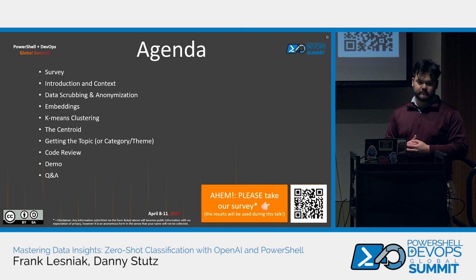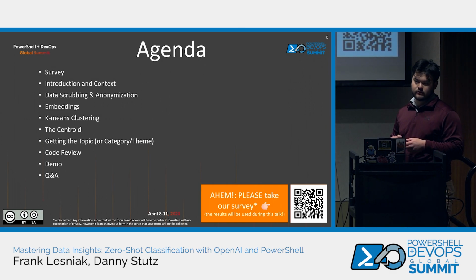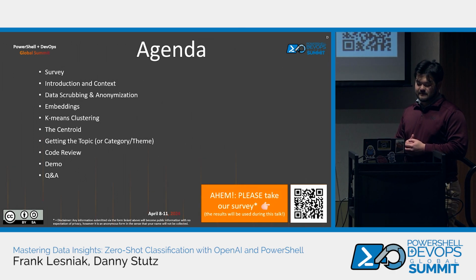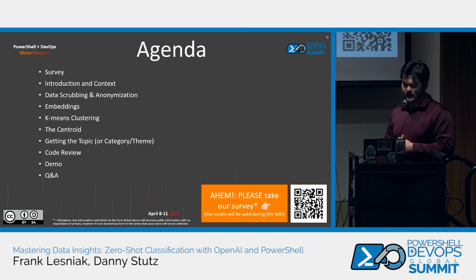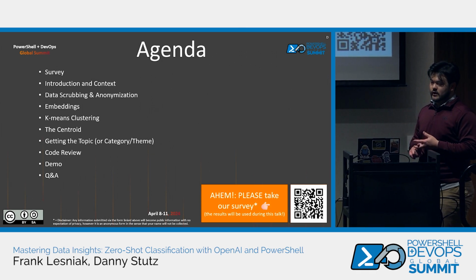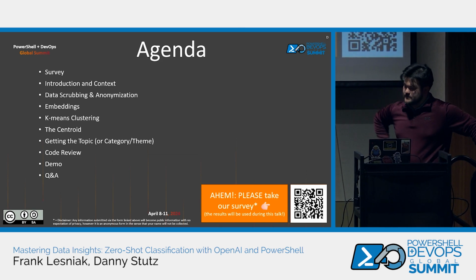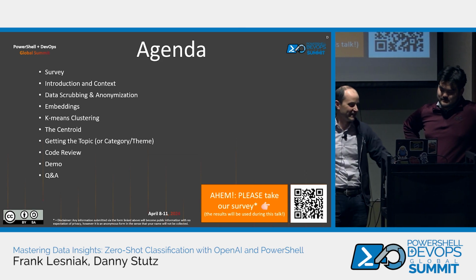How can we achieve that? And then we'll go into some of the more nitty-gritty things around the OpenAI embeddings. How do we cluster these embeddings, and also the centroid around k-means clustering. This will all make sense as we talk through it and provide you a little more context after, but that's our high-level agenda for now. We'll go through getting the topic, and then we'll do a quick code review and a demo following that. If this doesn't make sense, that's expected. So just stick with us. It will.